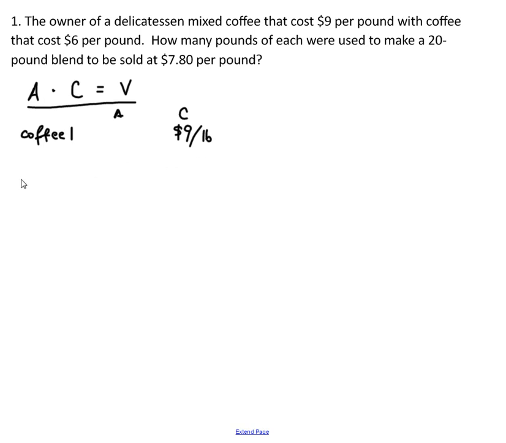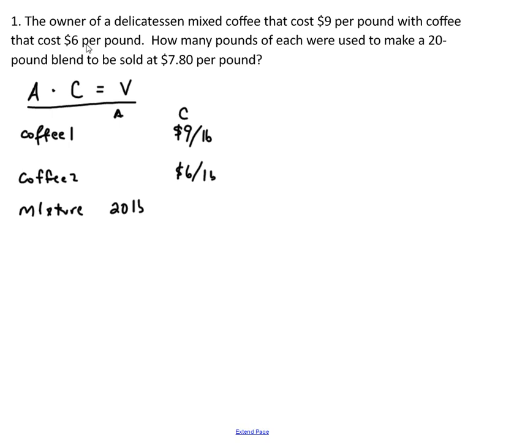Okay, so we've got a second coffee that we're going to mix with it. And this particular coffee ends up costing us $6 per pound. Again, we don't know how much of it we're going to be adding. But we do know that the mixture, whatever we end up with, is going to be a total of 20 pounds.